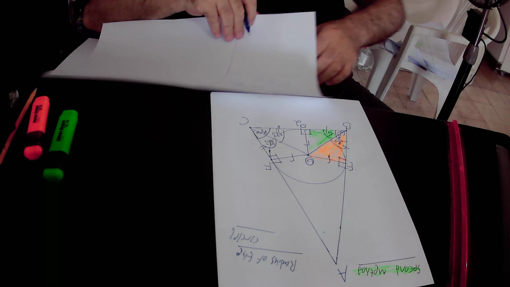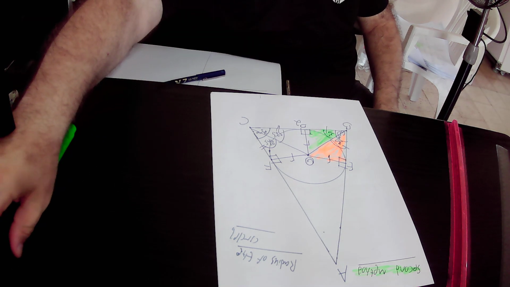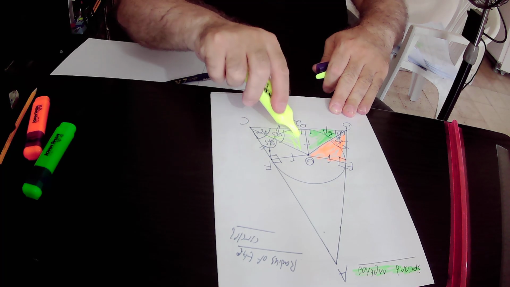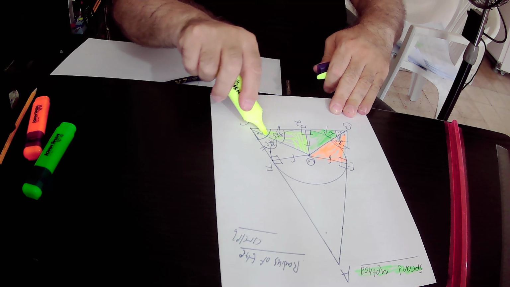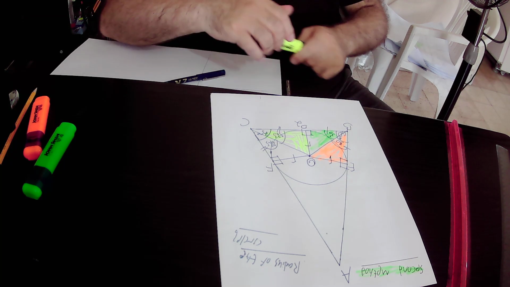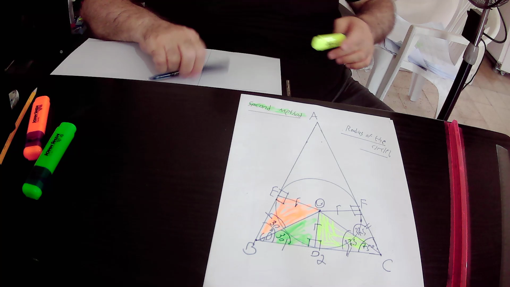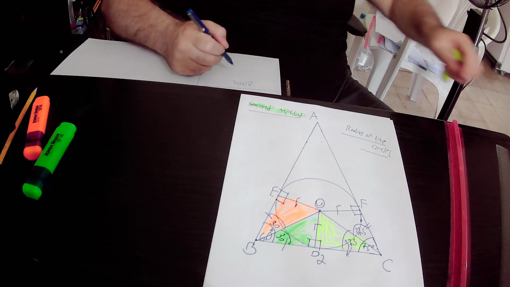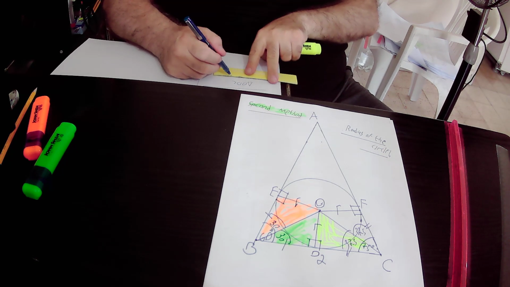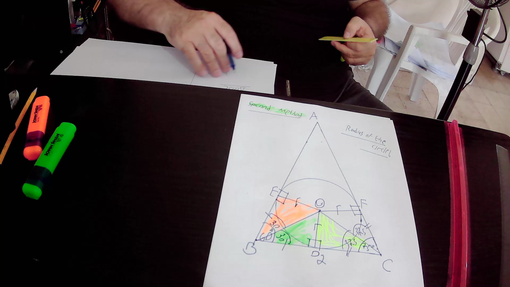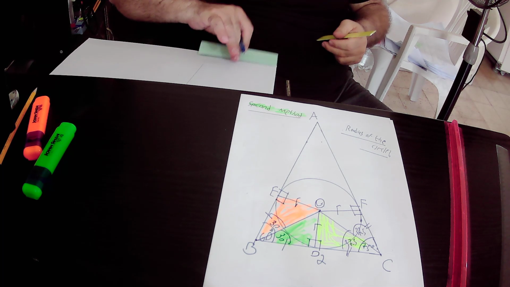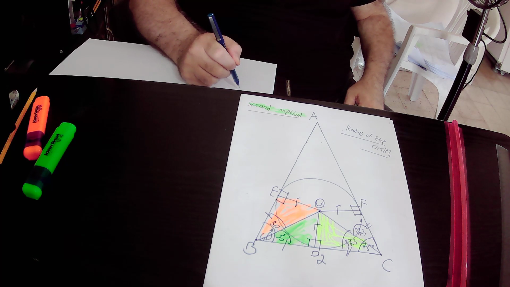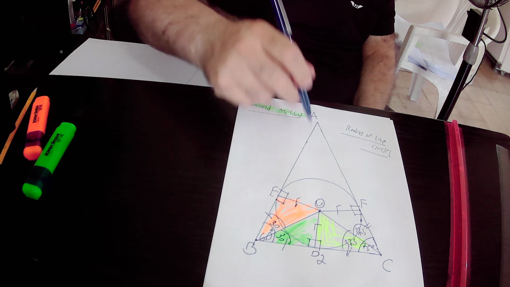In the next step, we'll focus on the yellow triangle ODC. In the yellow triangle ODC, tangent 30 degrees is equal to OD over DC.